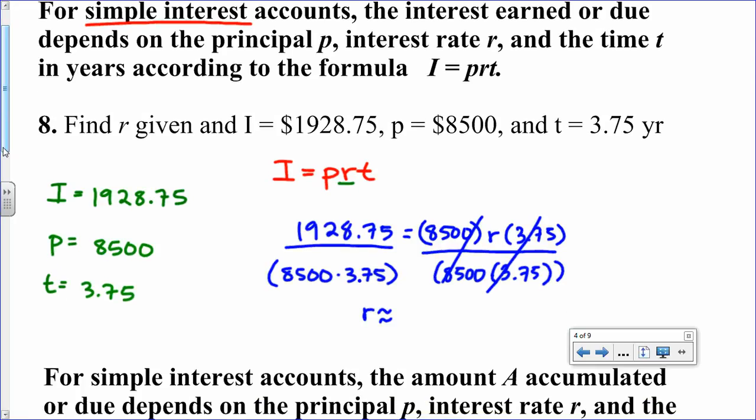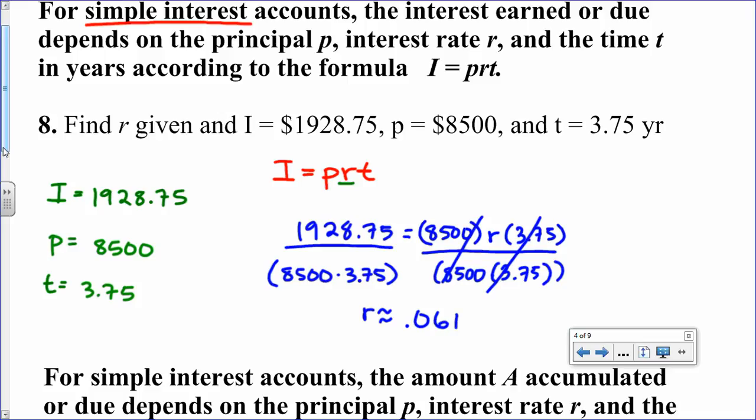So for interest rates, I will go out at least 3 decimal places. So I'm typing in 1928.75 divided by parentheses 8,500 times 3.75 close parentheses. And I have 0.061.